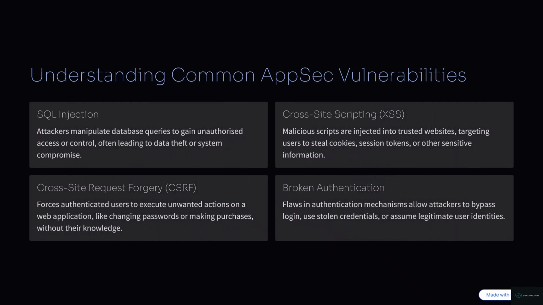So let's talk about some common AppSec vulnerabilities. These are four vulnerabilities: SQL injection, cross-site scripting, cross-site request forgery, and broken authentication. One question is where these are found, where they come from.